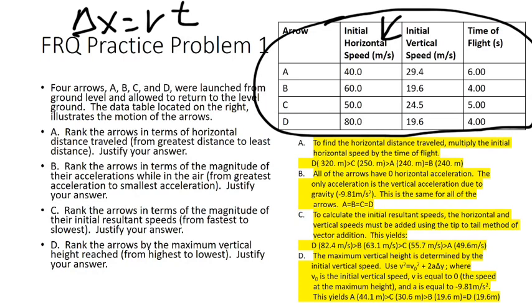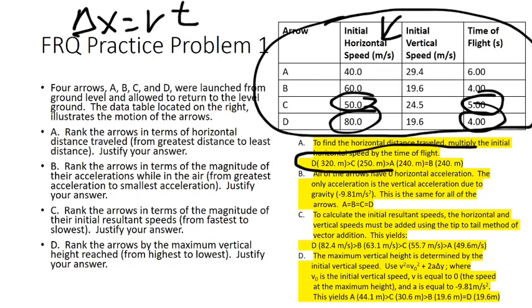For B, 60 times 4. For C, 50 times 5. And for D, 80 times 4. So when we calculate those out, we end up with this answer. D ended up with the greatest range of 320 meters. C was second with 250 meters displacement. A had 240. That was also equal to B, which also had a range of 240 meters.